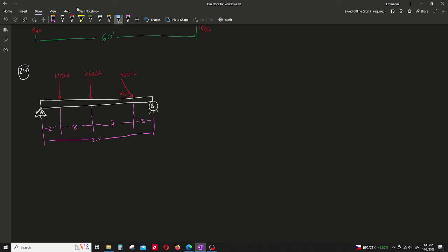So solving this problem, number 24. Same scenario that we usually do. I'm just going to draw this real quick, because we've got our forces in the y, forces in the x.